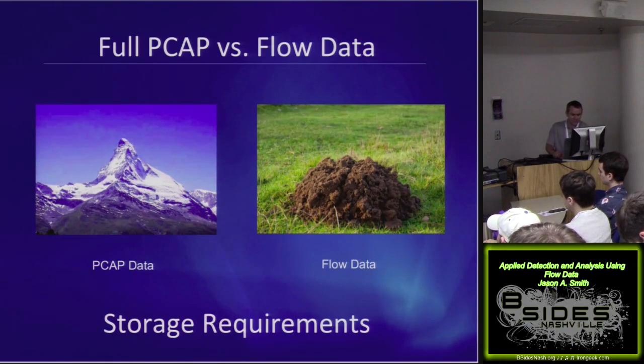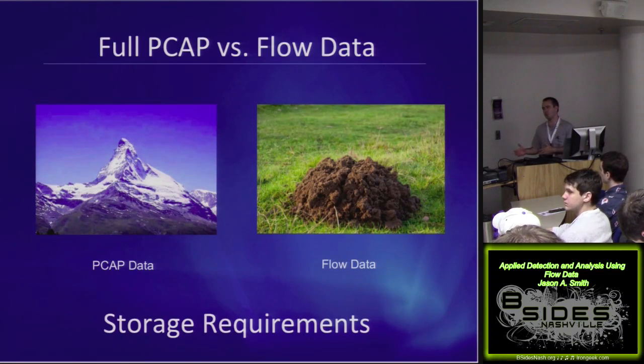To give a good idea of how big this mountain is and how big this molehill is, it's actually going to be a pretty big molehill here. If you were to take the same PCAP and run it through some sort of flow solution, on average, the NetFlow that comes out of that will be around 0.01 to 0.02% of the size of that full packet capture.